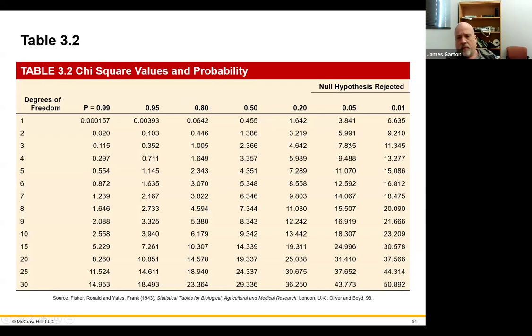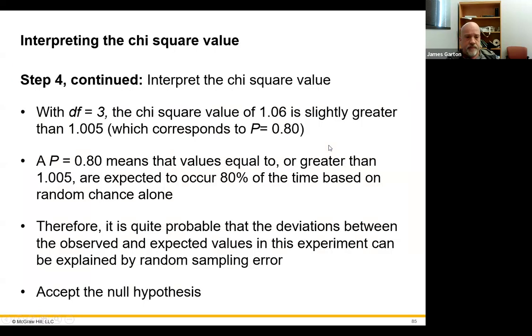And so that means that the numbers that you actually observed and counted up should be within the realms of random chance. Therefore, it is about 80% probable that random sampling error explains the data that you saw. Therefore, you accept the null hypothesis that genes C and E were indeed independently inherited.